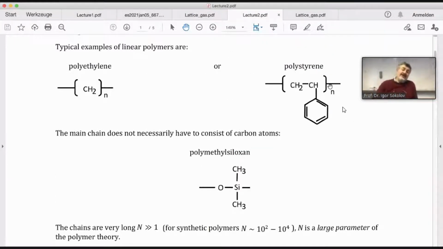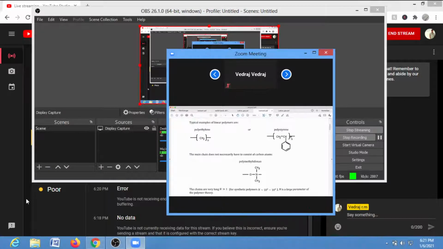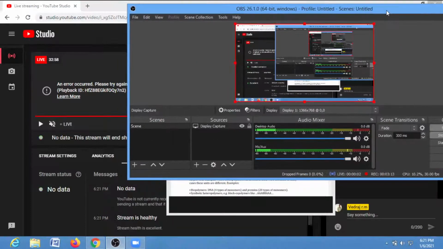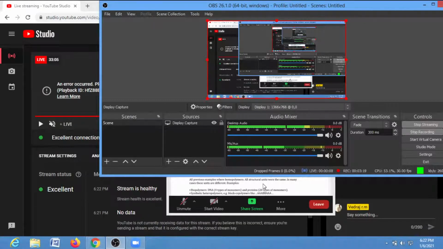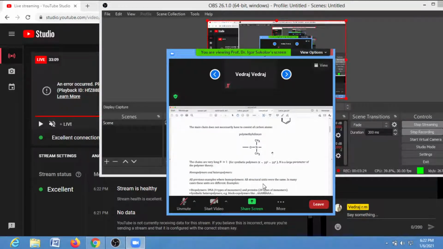Now here we will start, and we will start from very simple models. N can be 100, a short polymer. It can be 10 to the power of 4, it can be 10 to the power of 6.